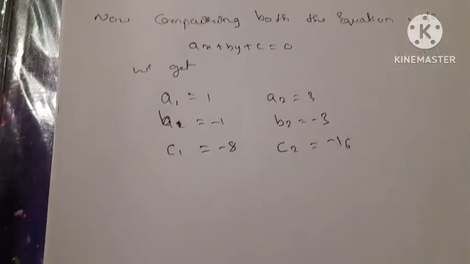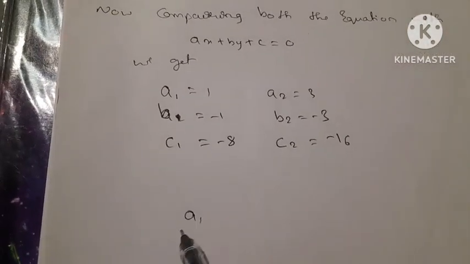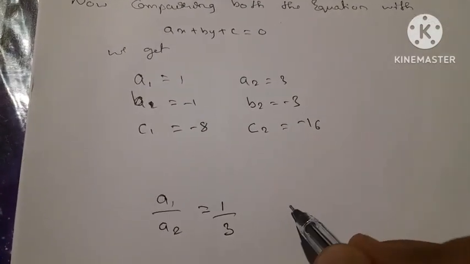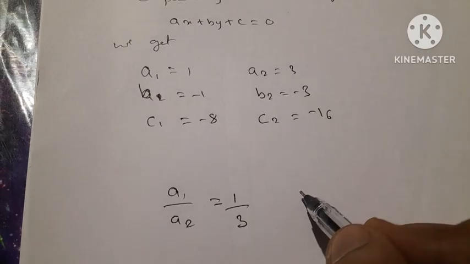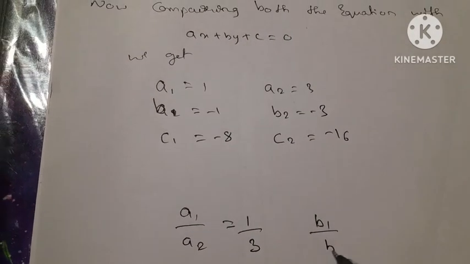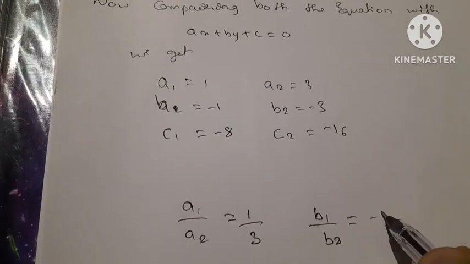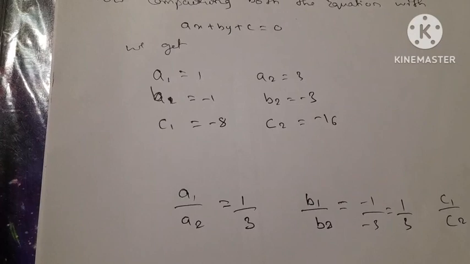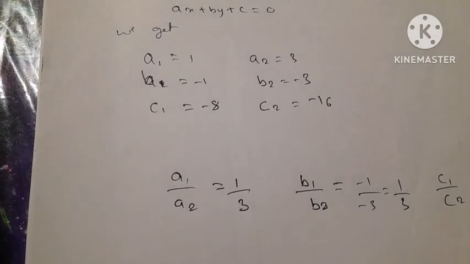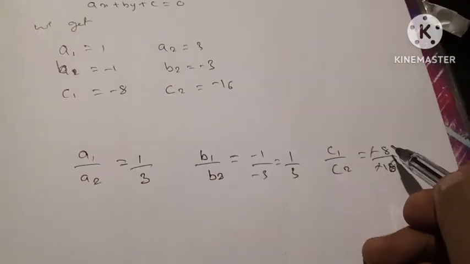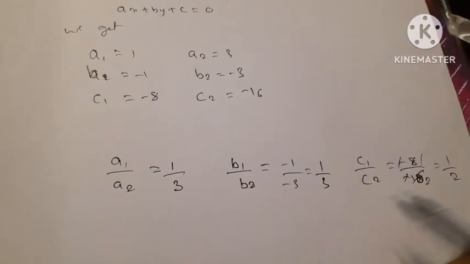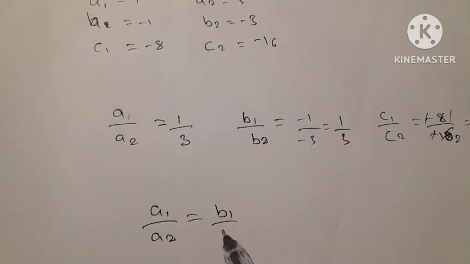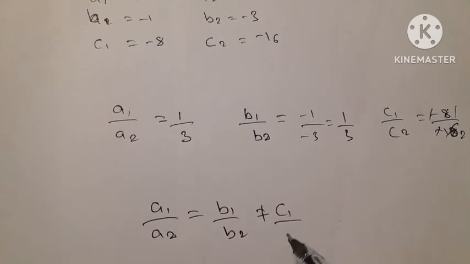So you got six values. Now a1 by a2 is equal to 1 by 3. Now b1 by b2 is equal to minus 1 by minus 3 equal to 1 by 3, and c1 by c2 is equal to minus 8 by minus 16. So minus is cancelled, 8 ones are 8, 8 twos are 16, so 1 by 2. So a1 by a2 is equal to b1 by b2 is not equal to c1 by c2.